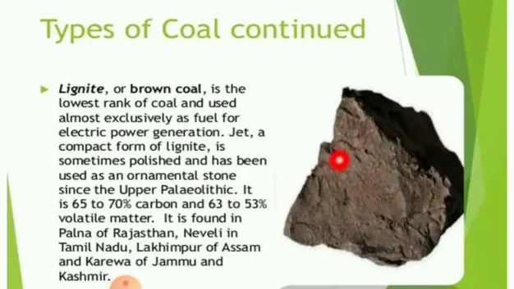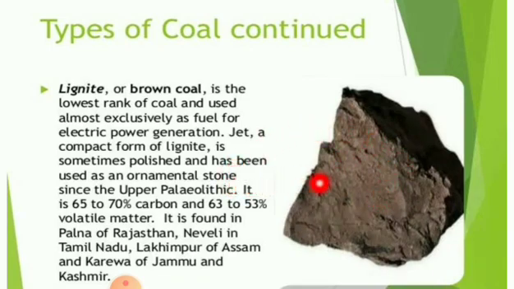Since the upper Paleolithic, it is 65 to 70% carbon and 63 to 53% volatile matter. In lignite, the carbon is present in limited amount only. It has a high amount of water and makes up almost half of our total coal reserves. So where is it used?